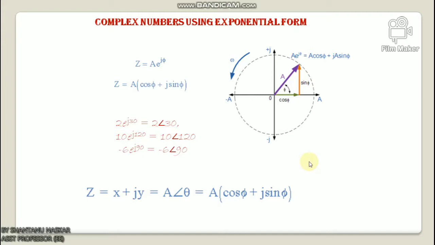The exponential form of finding the position of the point is based around Euler's identity, named after the Swiss mathematician Leonhard Euler, given as z equals a e to the power j phi, and z equals a within brackets cos phi plus j sin phi. So the Euler identity can be represented by the following rotating phasor diagram in the complex plane.